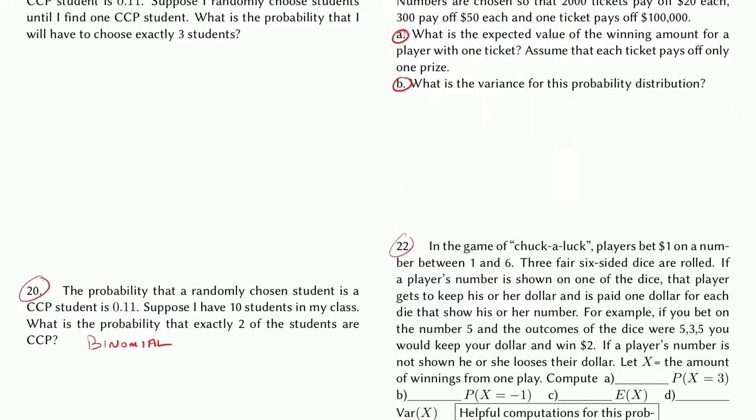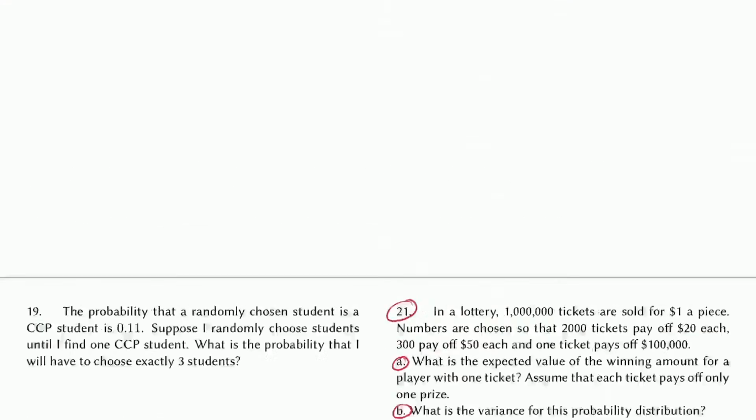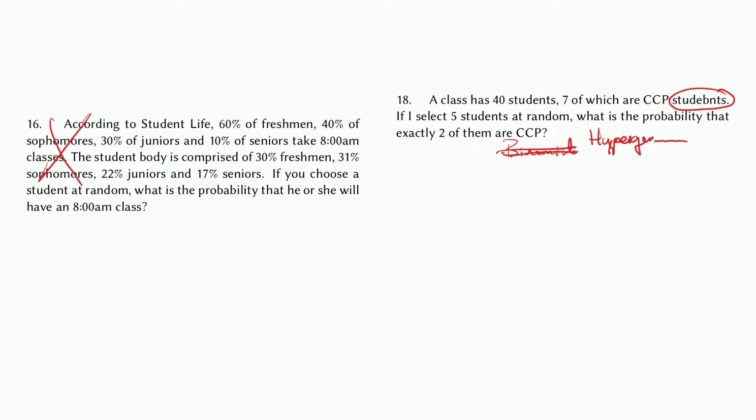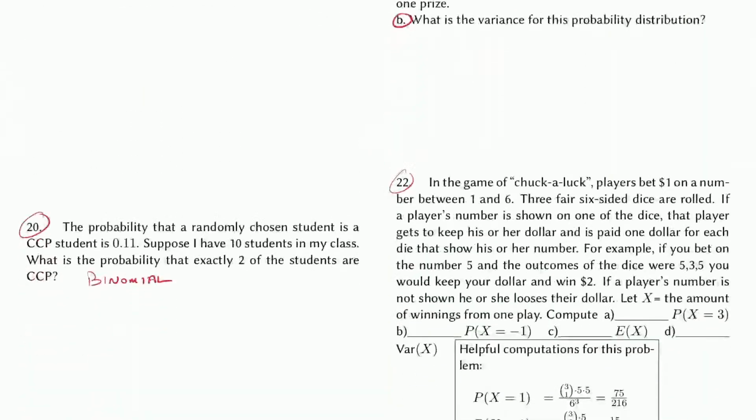With number 18, if I pick one and it happens to be a CCP student, it changes the probability. It's a 7 out of 40 chance, and then the next is a 6 out of 39 chance if the first one is a CCP student. So that one's hypergeometric, whereas this one is binomial down here.